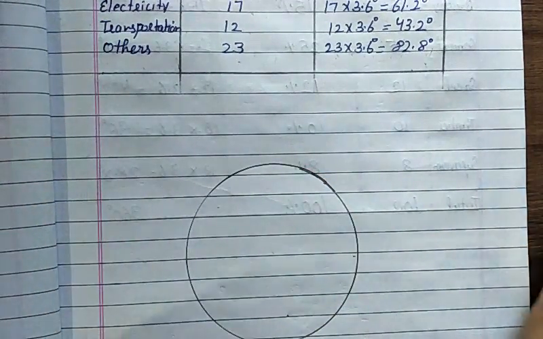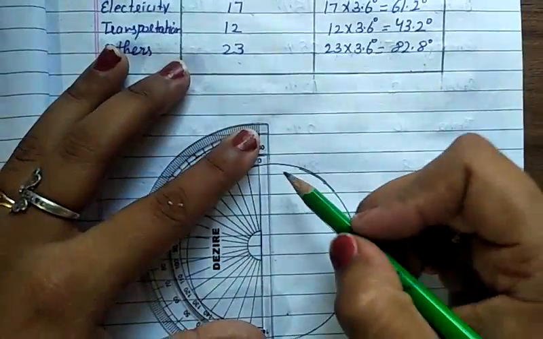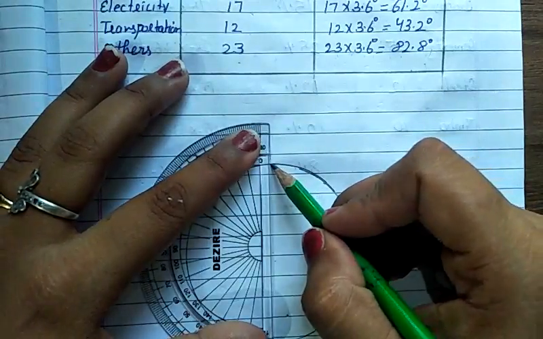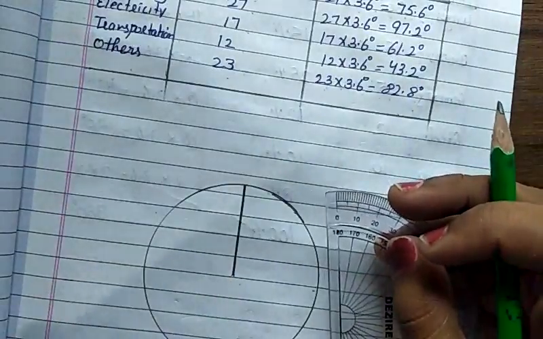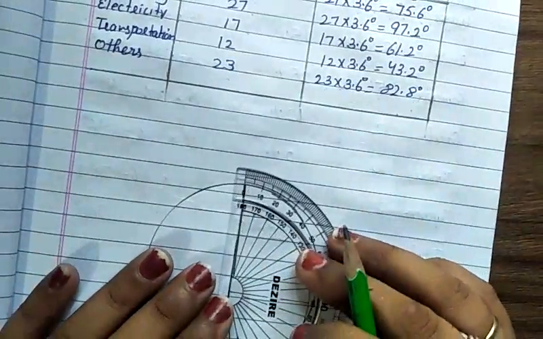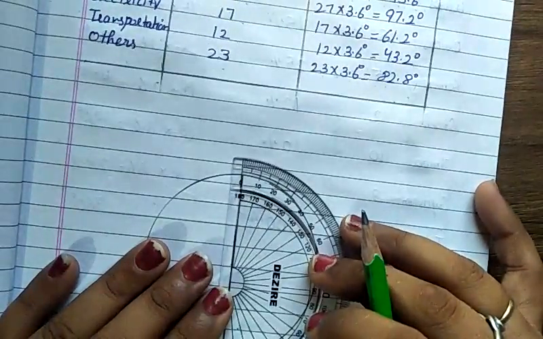The circle is there. After that we need a line that shows 90 degree so that it will be helpful for making the first angle. Our first angle is 75.6.